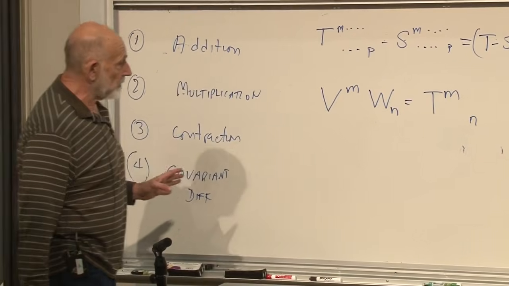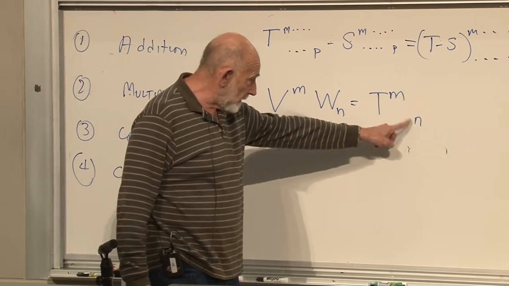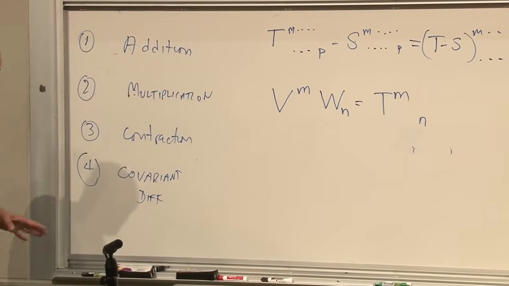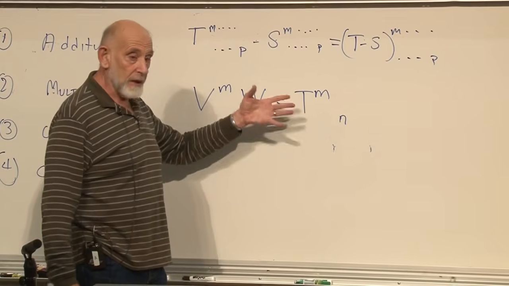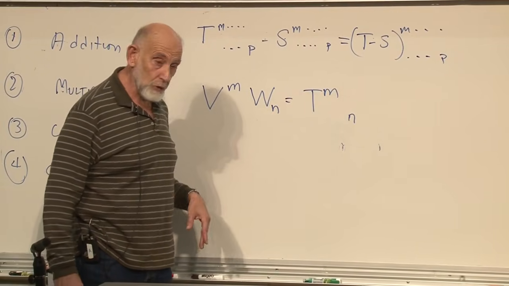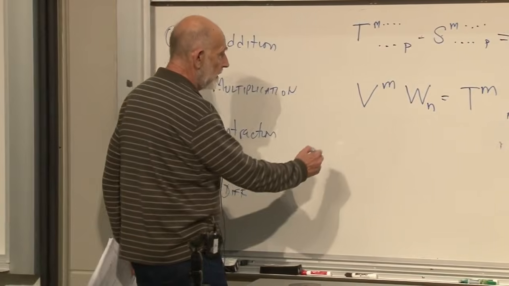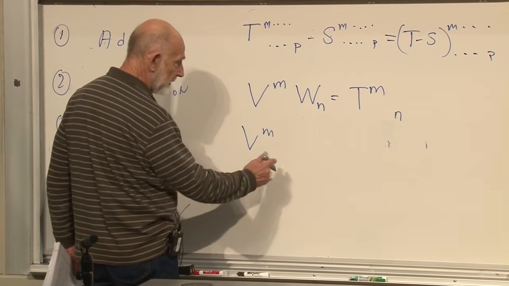This is a tensor with one covariant index and one contravariant index. It's a set of values. The set of values, one value of this thing for each m and n, defines the components of a tensor with two indices.